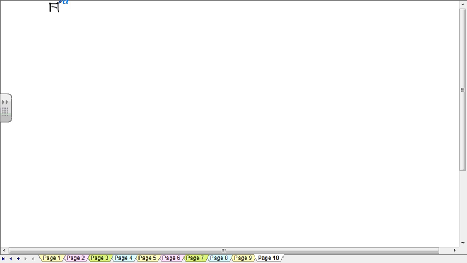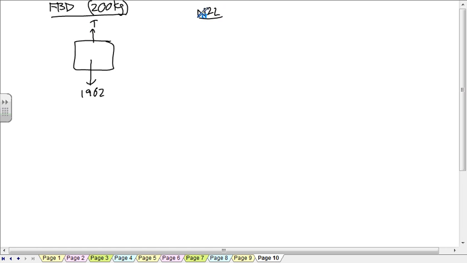So a free body diagram of the mass, the 200 kilogram mass. We have 1962 down. We have the tension up. And so Newton's second law says T plus 0 minus 1962 is equal to 0.